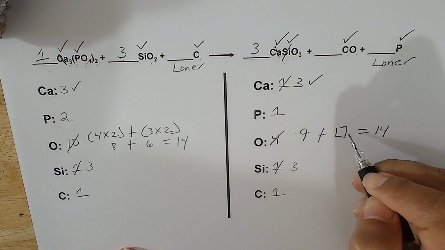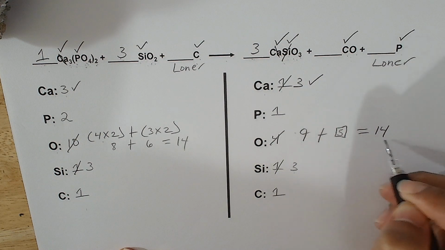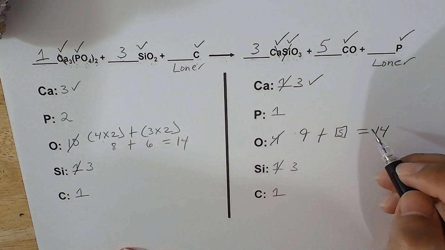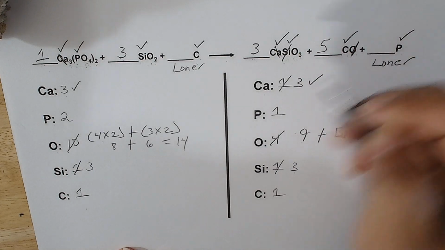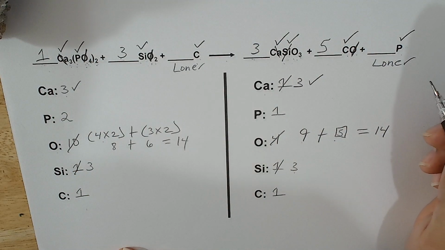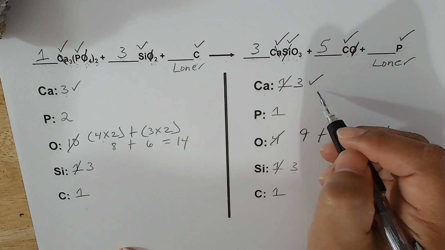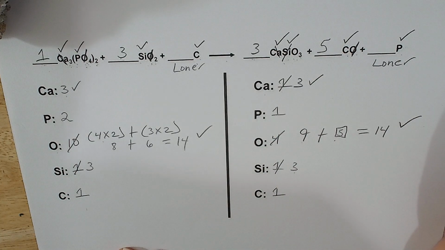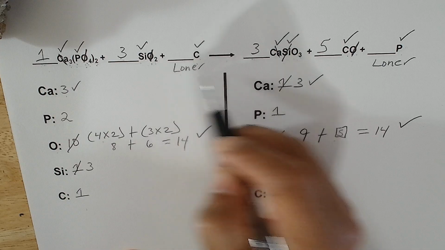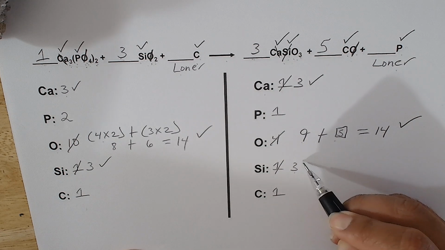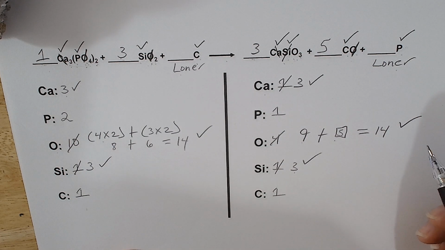So of course 9 plus 5 gives me 14. So I'm going to come over here and put a 5 in the coefficient. And now my oxygens are balanced from both sides. So our calciums are balanced and our oxygens are also balanced. And notice that we have the loners last, and that's usually what you want to end up with last. By the way, our silicons are balanced as well.